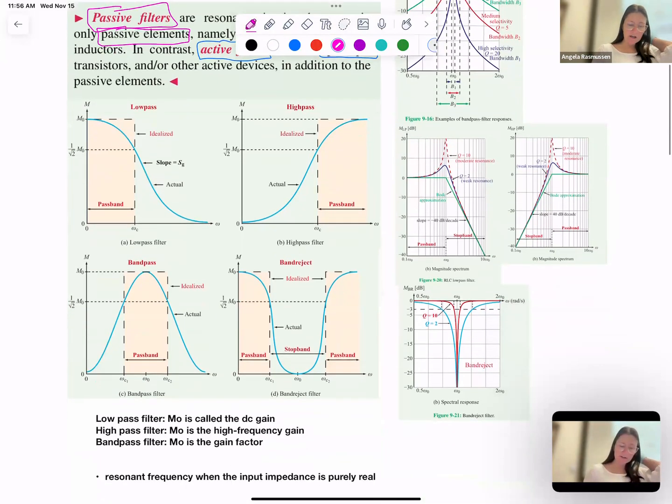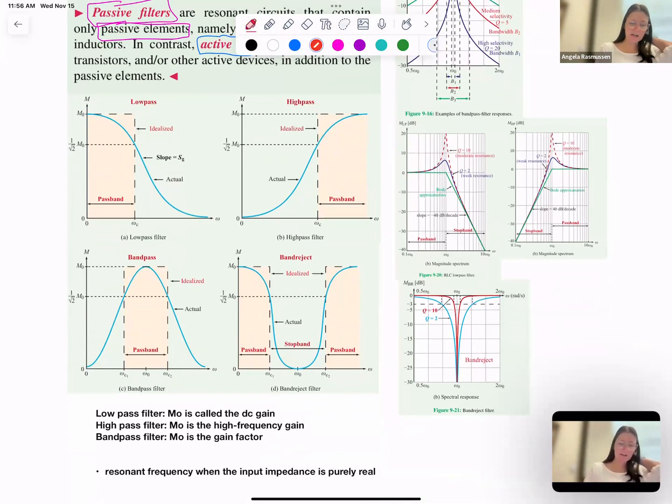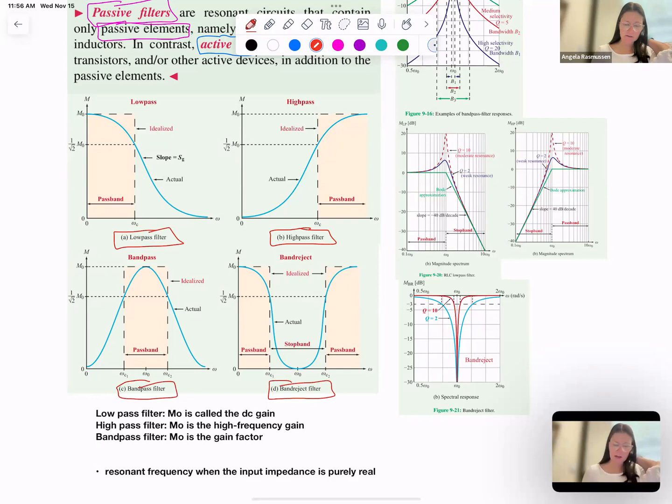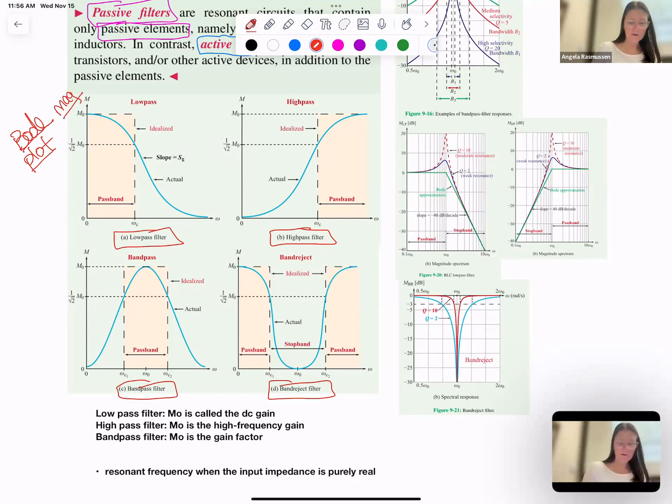All right, so the next thing that you need to understand is the differences between low pass, high pass, band pass, and band reject. I want to show you this, called a Bode plot. A Bode plot is magnitude versus frequency.